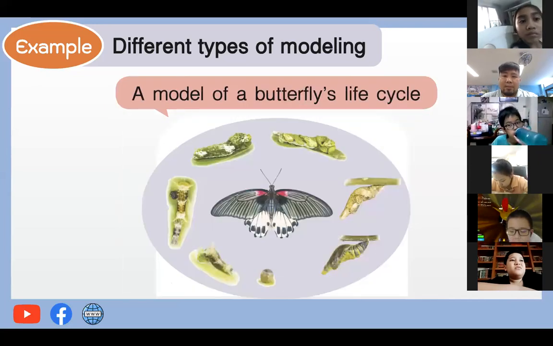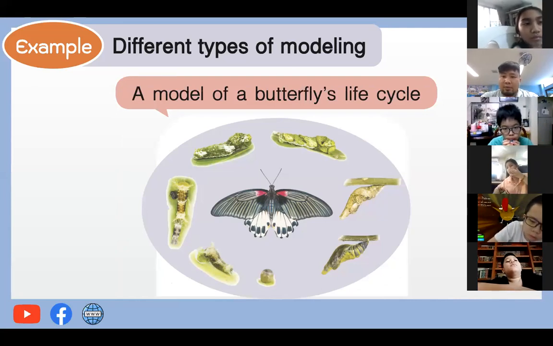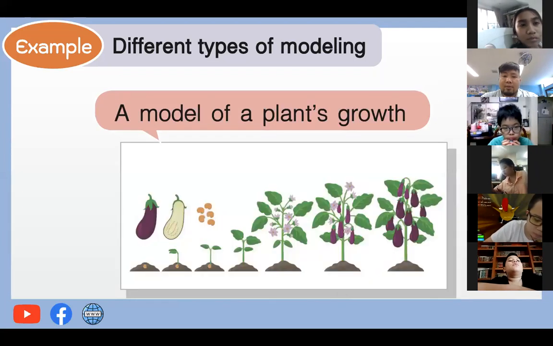Next, a model of a butterfly's life cycle. This is the life cycle of a butterfly from eggs, the pupa to chrysalis, and so on, and then that butterfly producing again egg, and then it goes on and on. So the cycle.